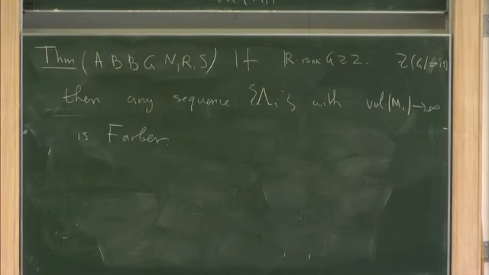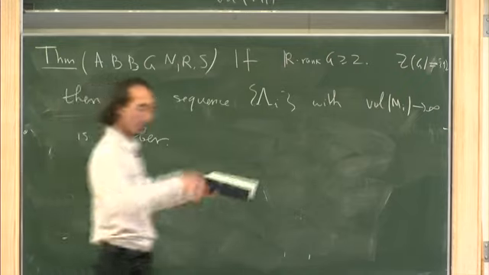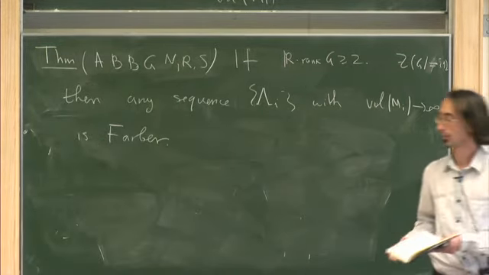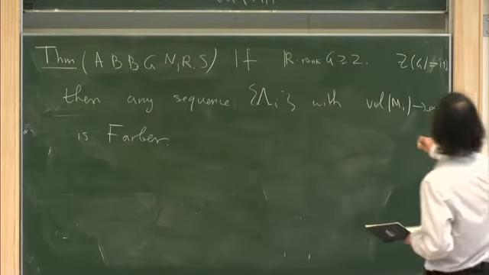This is quite a spectacular result on its face. You just take any sequence of lattices, and then the quotient orbifolds approximate the space.